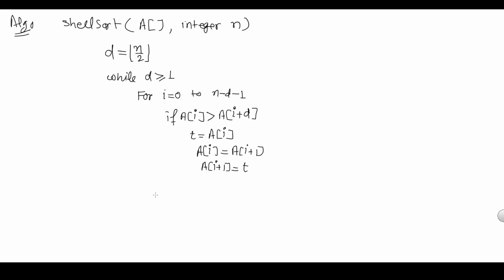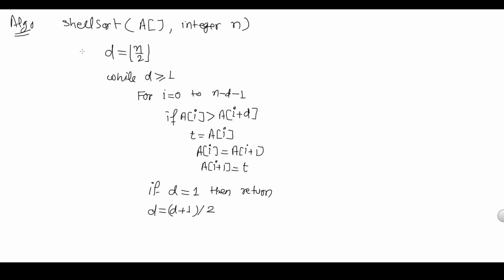Now after this loop is run, we will check the value of d. If d is equal to 1, then return from the procedure. Otherwise, we will calculate the new value of d, which is equal to (d plus 1) integer division by 2.